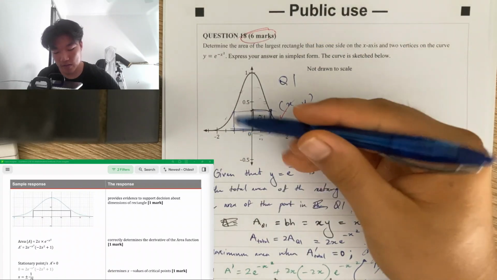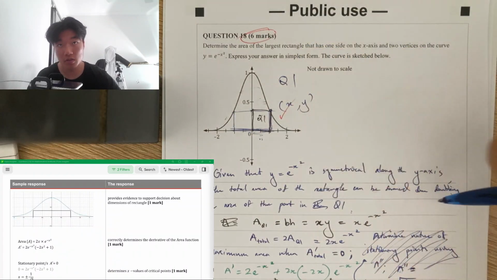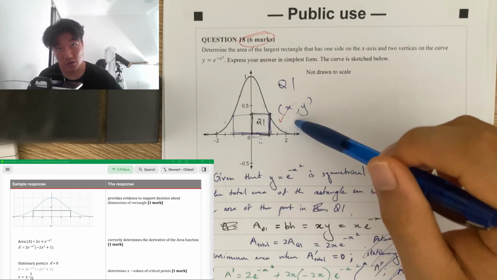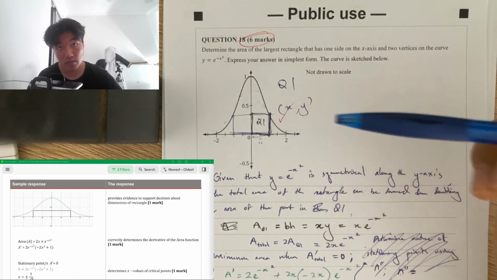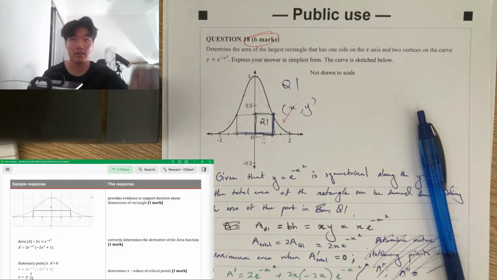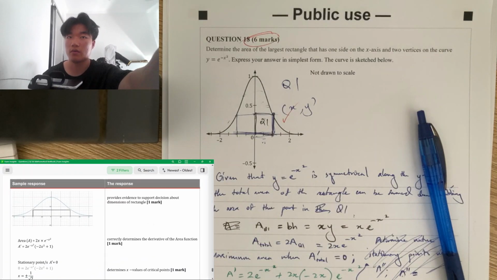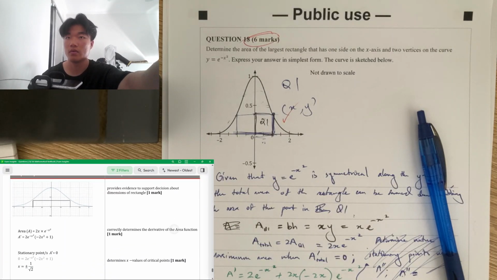Okay, so it's going to be somewhere like here, probably. The one mark is for showing a demonstration that provides evidence to support the decision about dimensions.